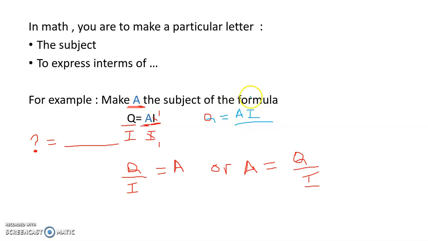What we'll do, we'll get rid of the A by dividing both sides by A so that we can have I to itself. A into A is 1 practically. So then you get I equal Q over A, or Q divided by A.